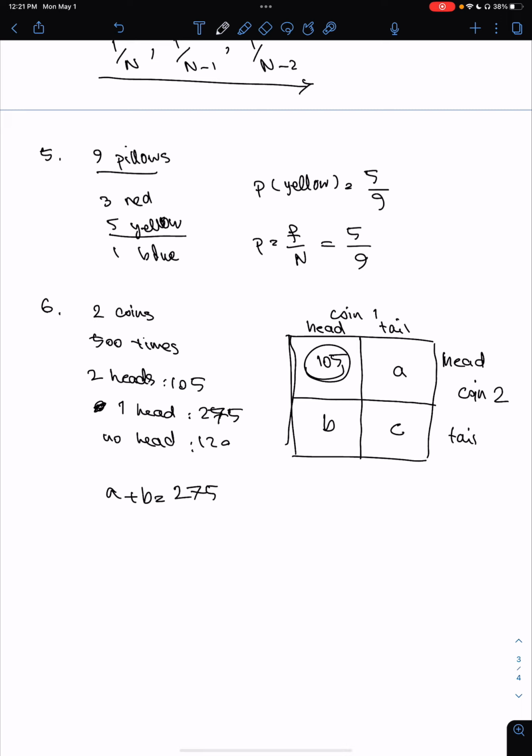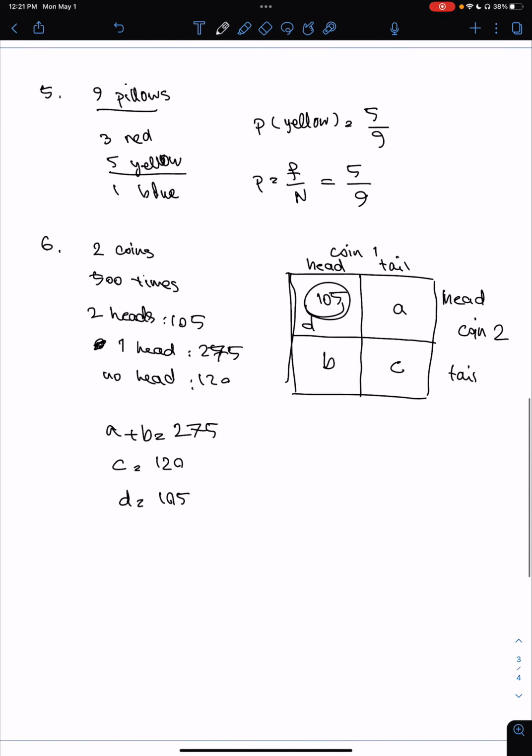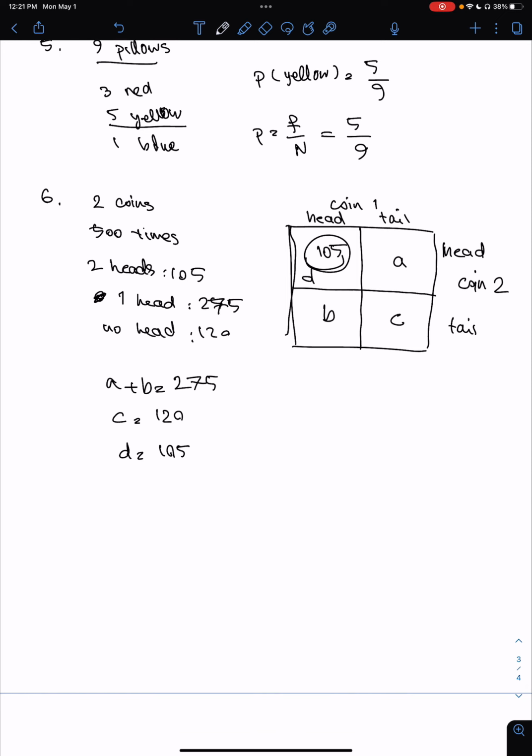So here, basically, we know C is 120. And then let's call this D. So we know also D is 105. So what is the question? Find the probability of each event to occur.